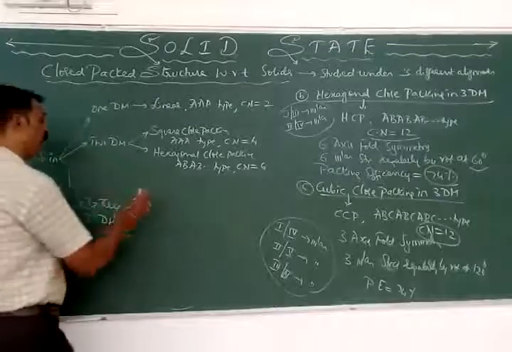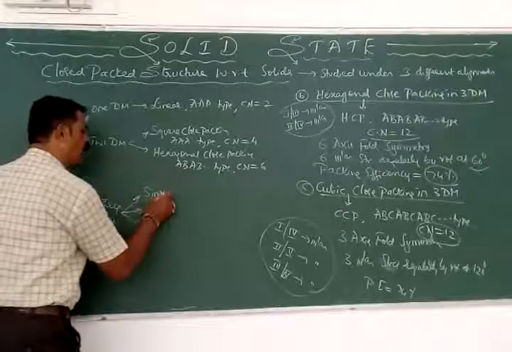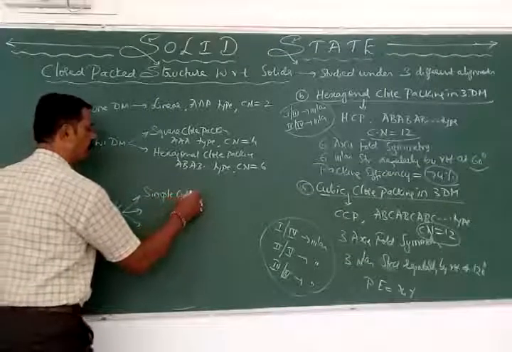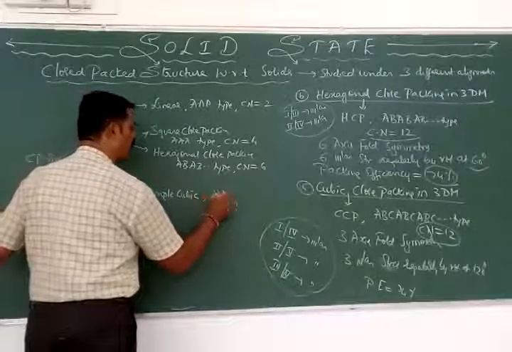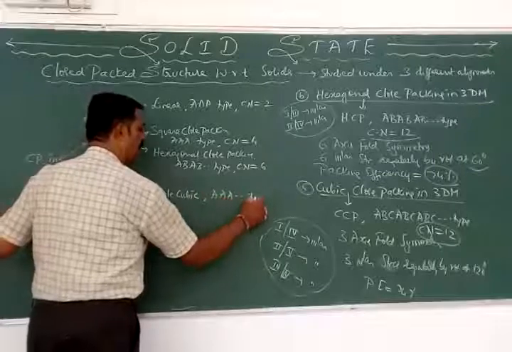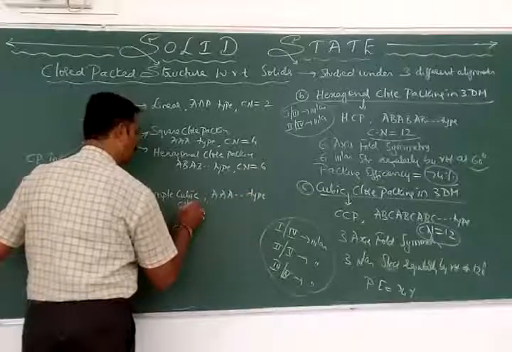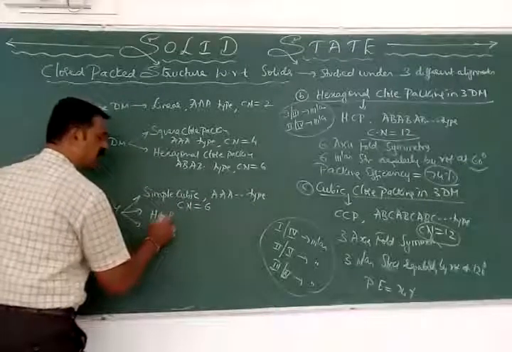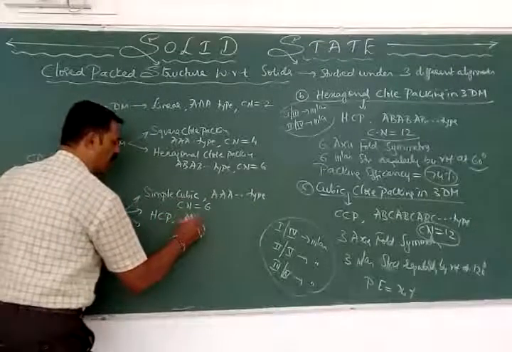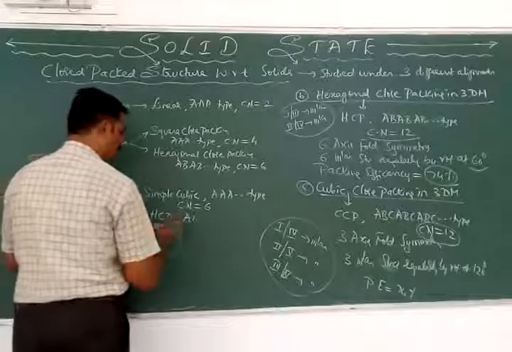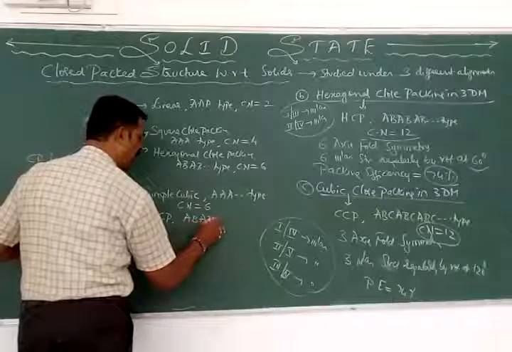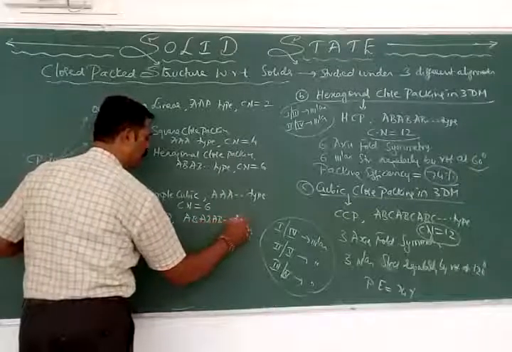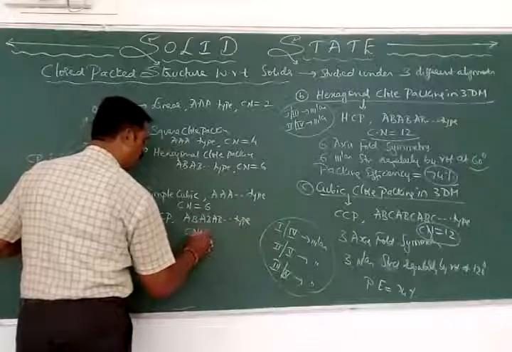One is simple cubic, which is of the same AA type, and the coordination number is 6. The second one is HCP, hexagonal close packing of the type AB, AB with the coordination number of 12.